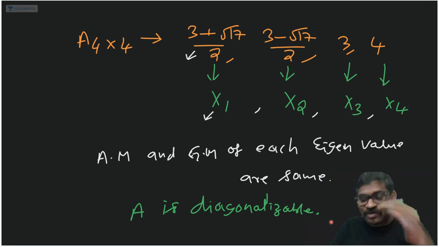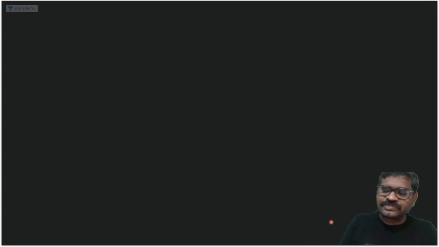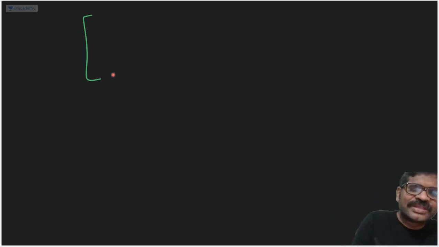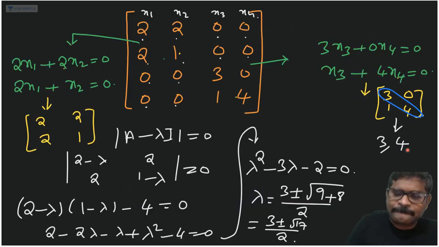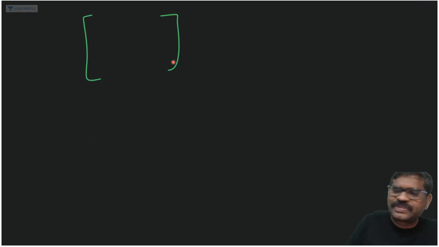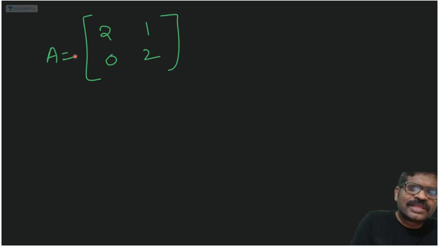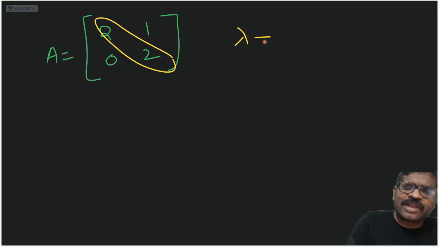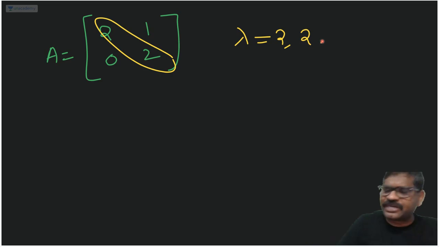Now come to the second one. A 2 cross 2 matrix is given: 2, 1, 0, 2. It is a triangular matrix. Therefore, eigenvalues are nothing but the leading diagonal elements.